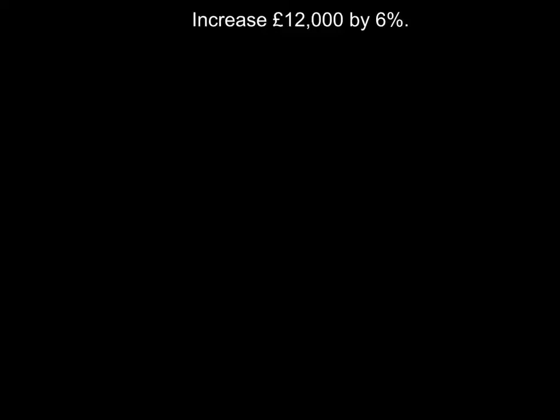Let's think about what percentage of £12,000 we want to end up with. Well, we want 100% of the £12,000 that we started with. And in addition, we want 6%, which represents the increase.